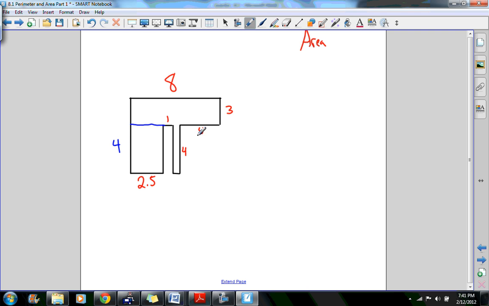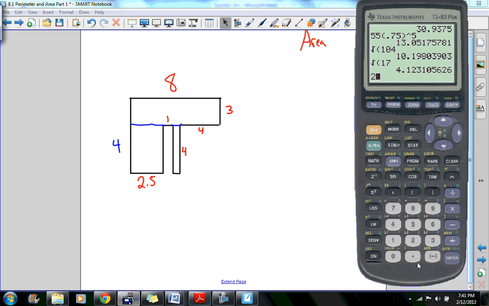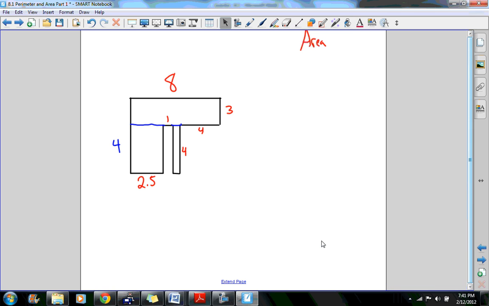And I know this entire rectangle here is going to be an 8 by 3, and this small one here, if this is 2.5, this is 1, and that's 4. I know the whole thing there is 7.5. Well, the top says it's 8, therefore this little spot here has to be 0.5.